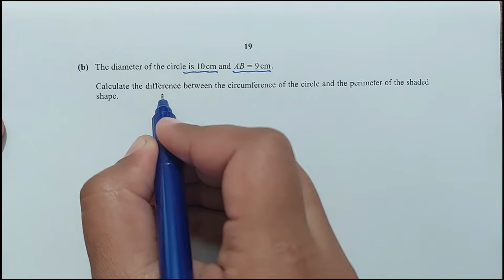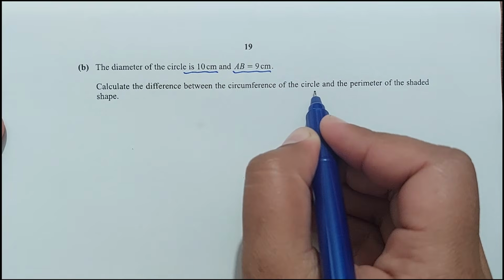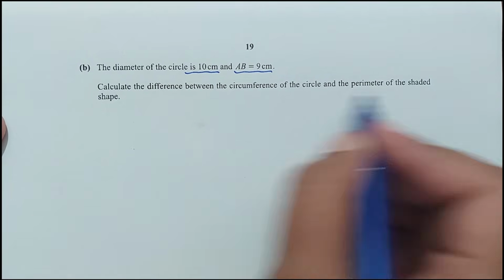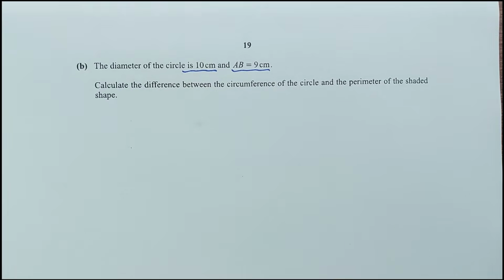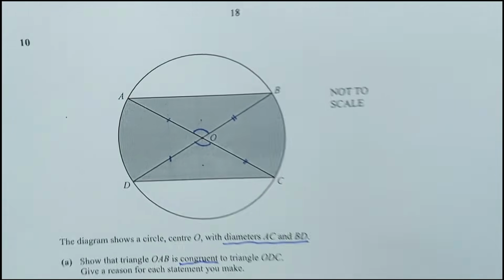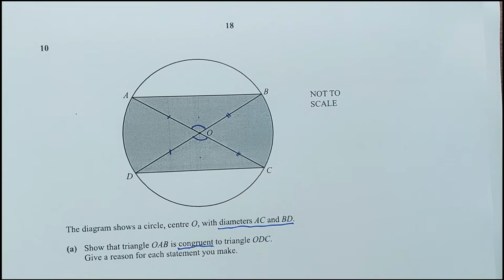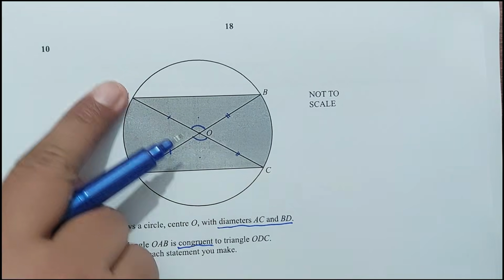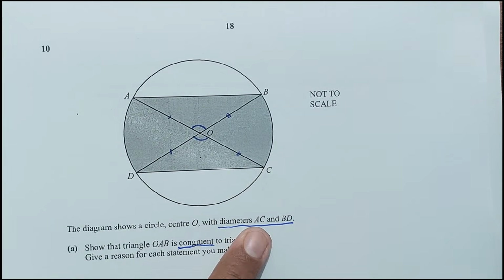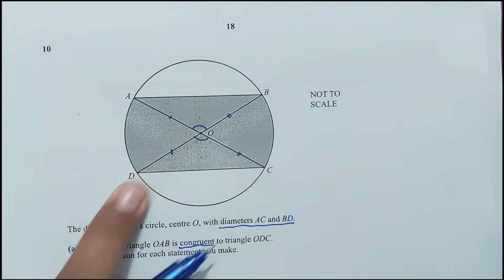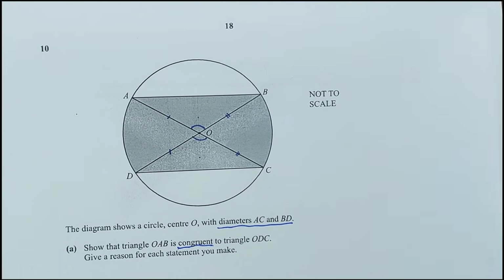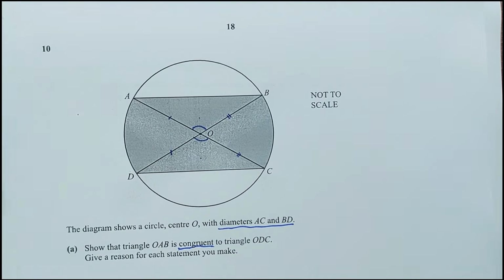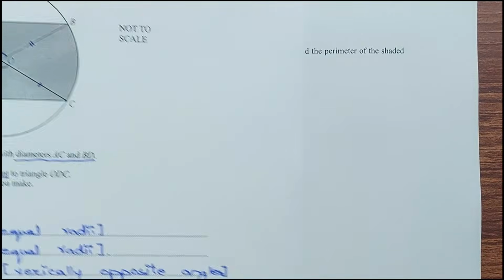Now for part B, the diameter of the circle is 10 centimeters and AB is 9 centimeters. Calculate the difference between the circumference of the circle and the perimeter of the shaded shape. So we have the diameters AC and BD, which are 10 centimeters.